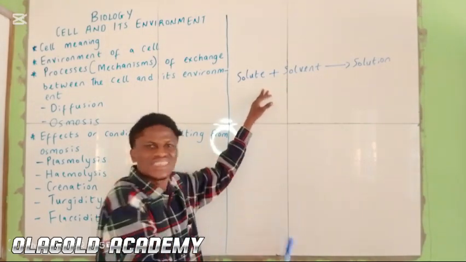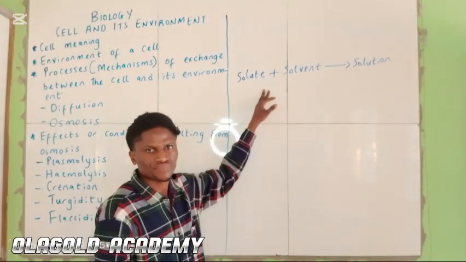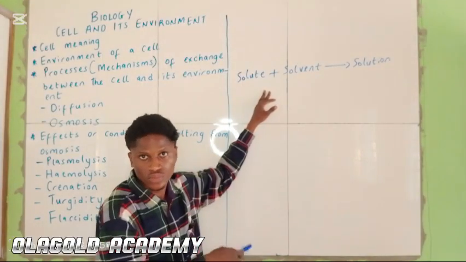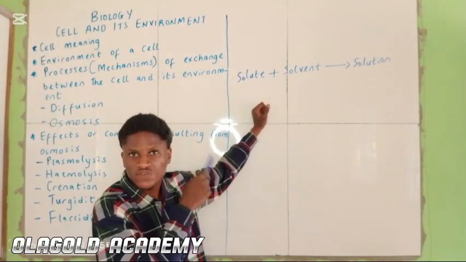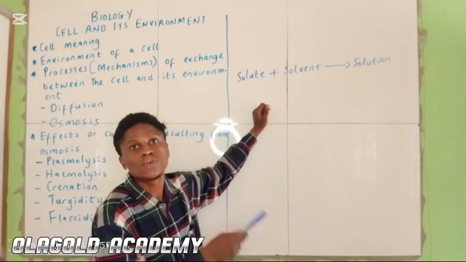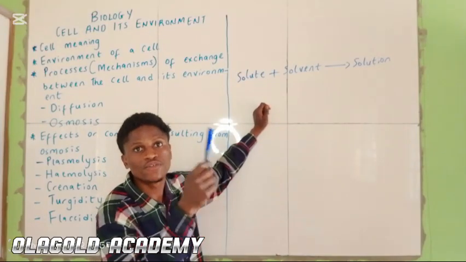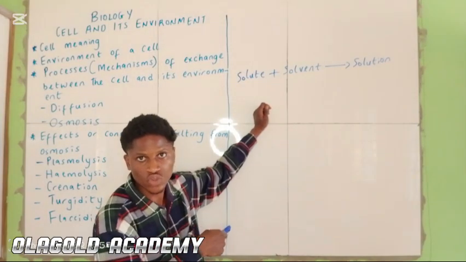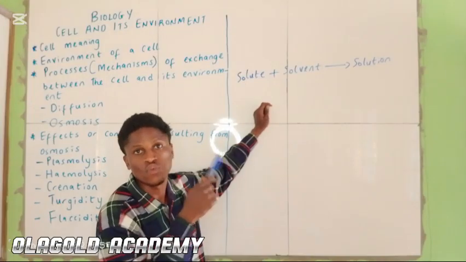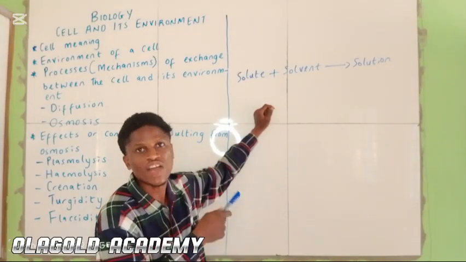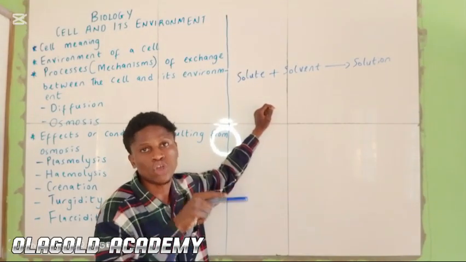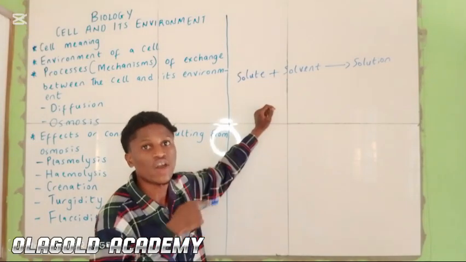We have solutes inside the cell. We have the potassium ion, the phosphate ion, glucose, oxygen, protein, amino acid, and nucleic acids such as the DNA and the RNA.